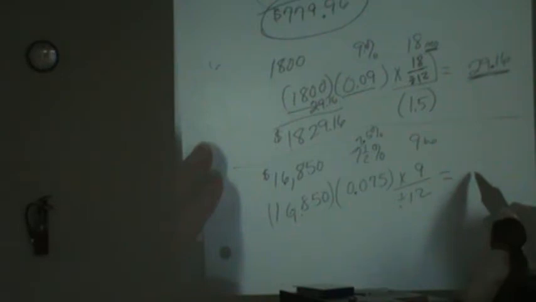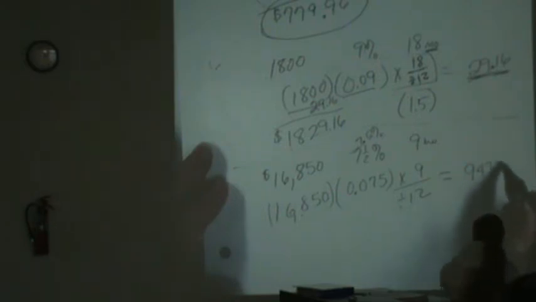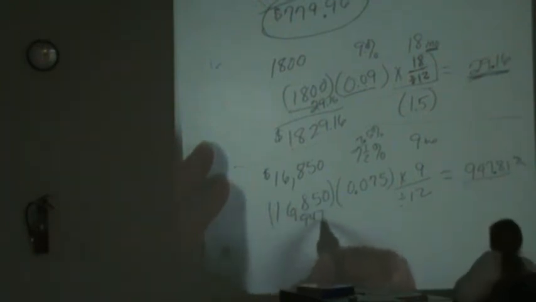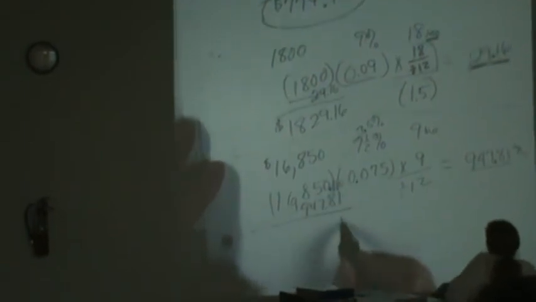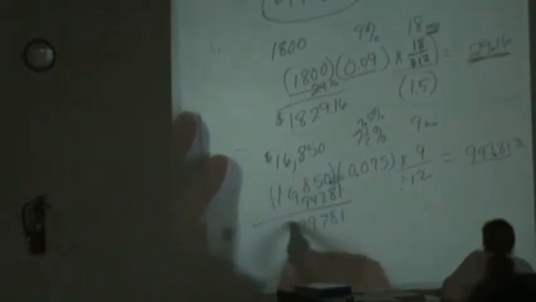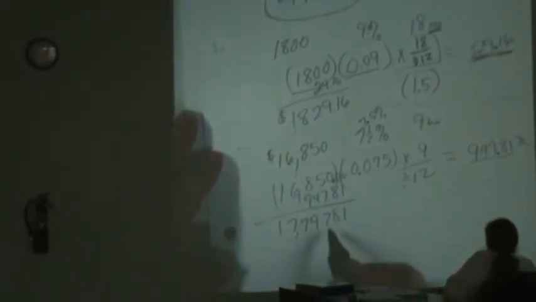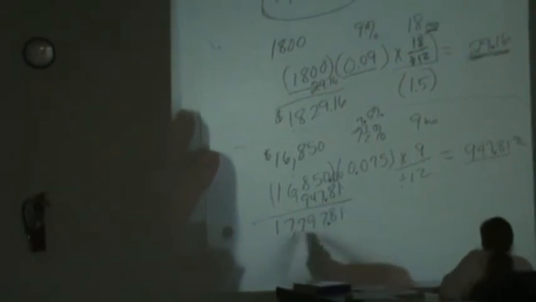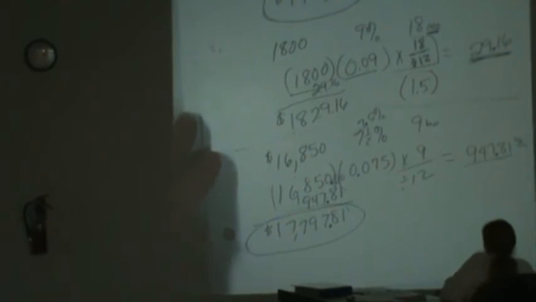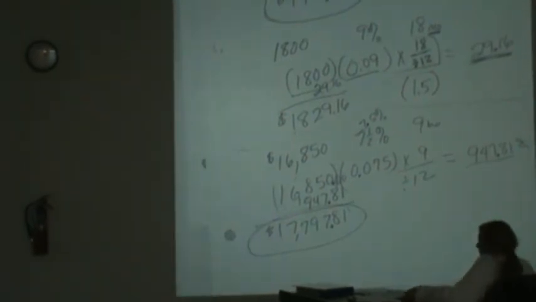Am I wrong? 947 and 81. 9 what? 947.812. Okay, so it's 947.81. Added to the loan, 17,797.81 is the total amount due on the loan. That's if the calculators were all working right.